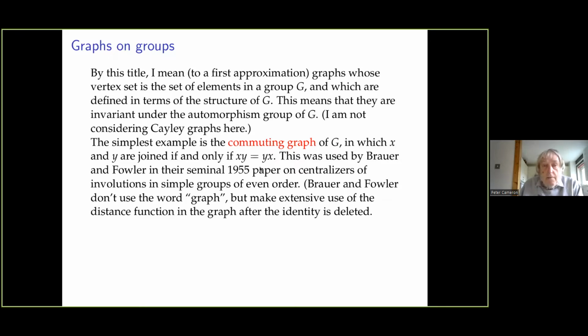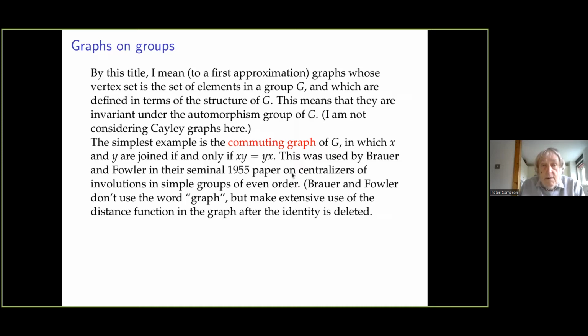So they proved that a given group can only occur as the centralizer of an involution in finitely many finite simple groups. Perhaps this was the first step towards the classification of finite simple groups.